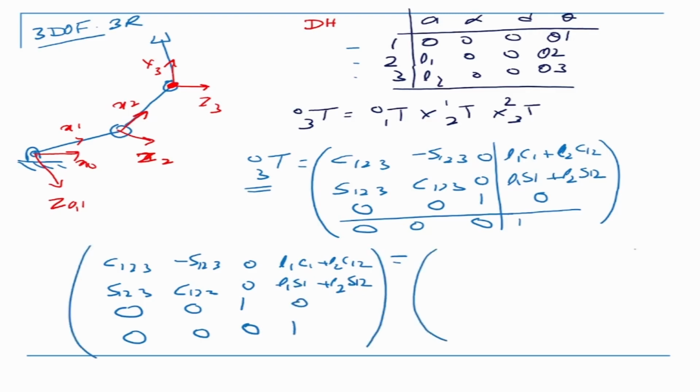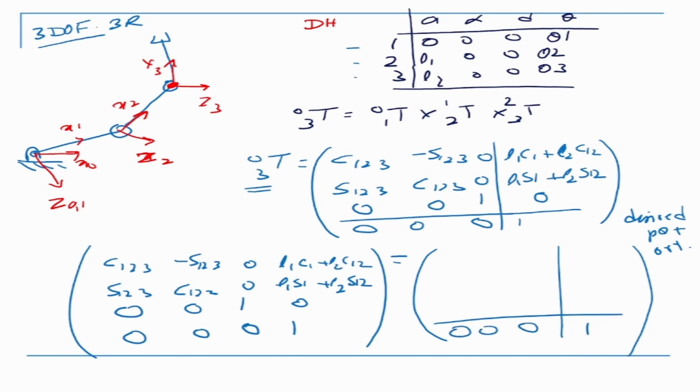This is equal to the desired position plus orientation matrix, which is also a 4 by 4 matrix, but this will be numbers now: 1.366, for example, 0.86, minus 0.5, 0.5, 0.86, 0, 0, 1, 0, 0. This is the same problem I solved. So this is my desired position and orientation of this manipulator.